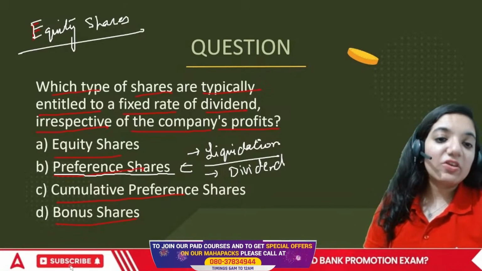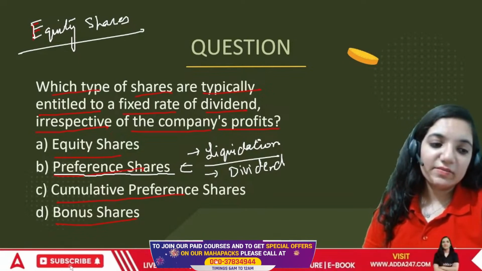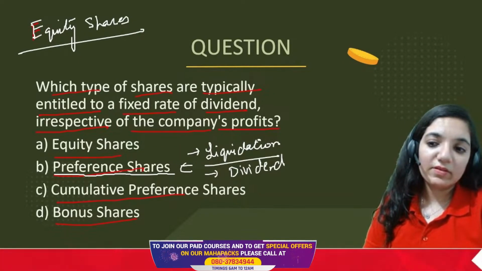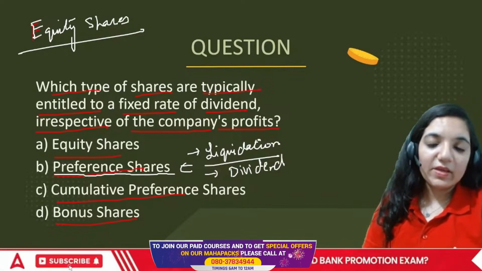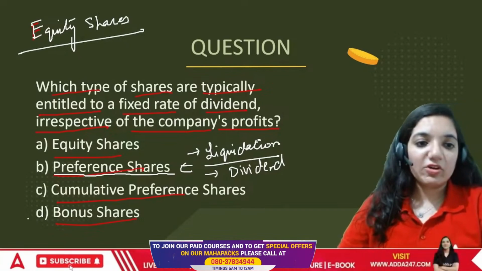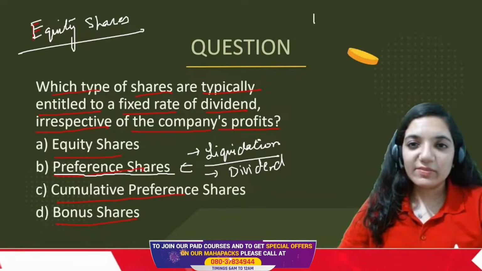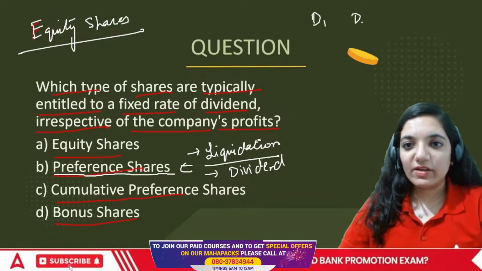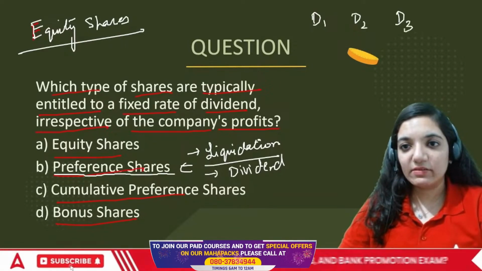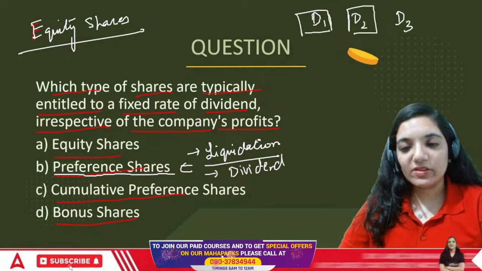Okay. Then we have cumulative preference shares. Cumulative means accumulated. This means if the company is supposed to pay dividend in the first year, the second year, and the third year. They paid the dividend for the first year and the second year.